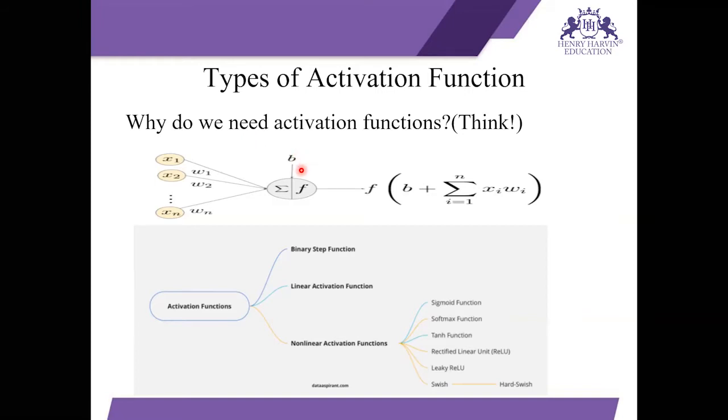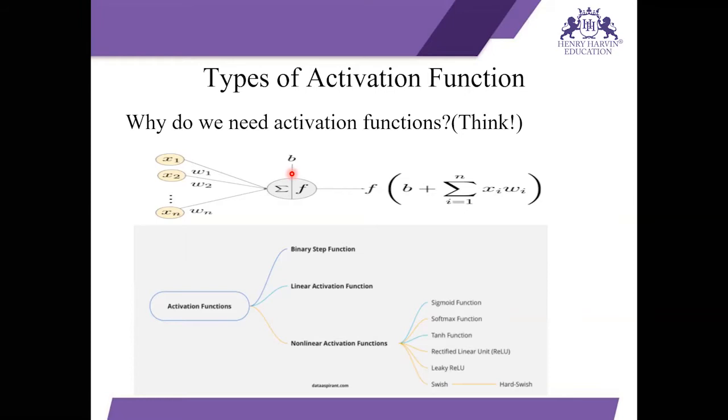In that case, every neuron will be performing just a linear transformation. So what will happen here? We get w1 x1 plus w2 x2 up to wn xn plus bias. So basically, it does only a linear transformation on the inputs using the weights and the biases.